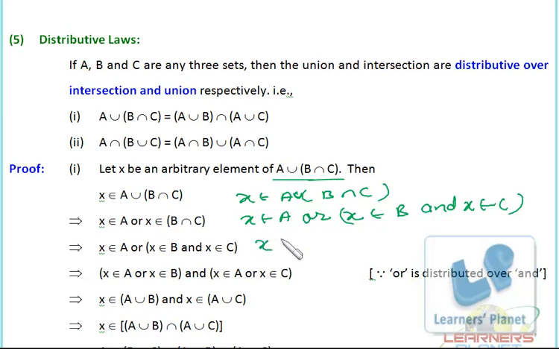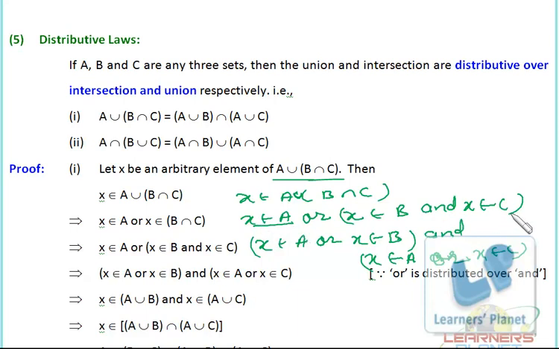Now what I do, X belongs to A or X belongs to B, and X belongs to A or X belongs to C, right? Just taking this with this and this with this. Now X belongs to A or X belongs to B, that means X belongs to A union B, right?